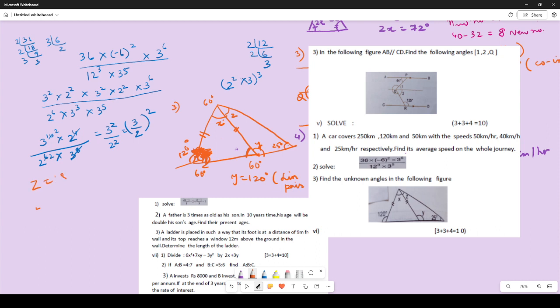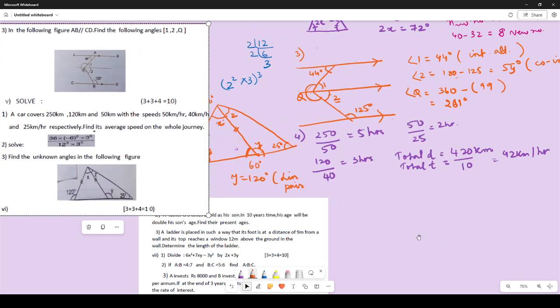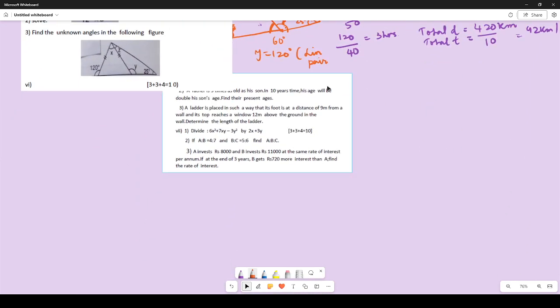Z is equal to 180 minus 120 plus 25. That is 180 minus 145, and that makes it 35 degrees. X is 60 degrees, Y is 120 degrees, and Z is 35 degrees, right? So that was that for these questions over here. Now let me take up the last bit.